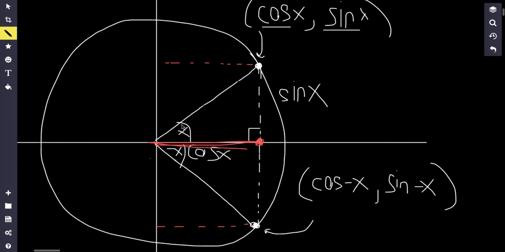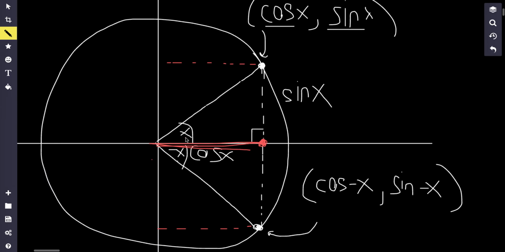Because whether you create an angle x or an angle negative x, the x values are all going to be at the same point. It's literally the exact same triangle as we had with the x angle, except you just reflect it about the x-axis to create this negative x angle, and only the y value changes.